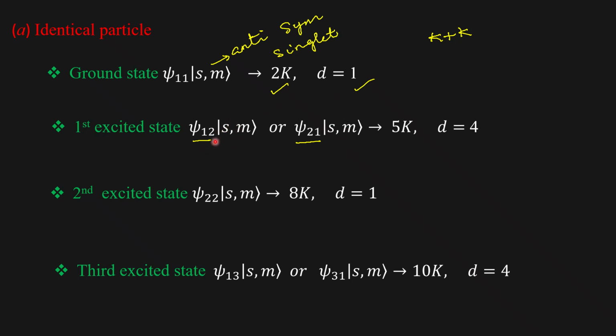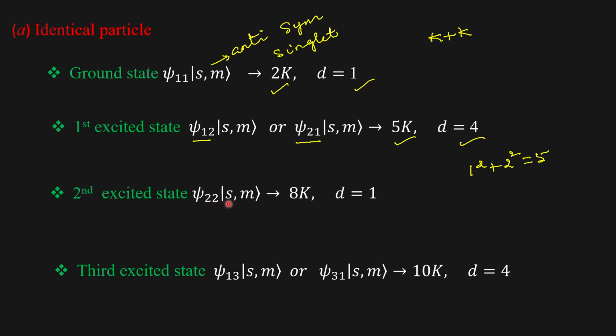Then what about the ket vector s comma m? It will have 4 states, one singlet and one triplet. So the degeneracy is 4. Then what about the energy? The energy is 1 squared plus 2 squared, which is equal to 5. So 5k.